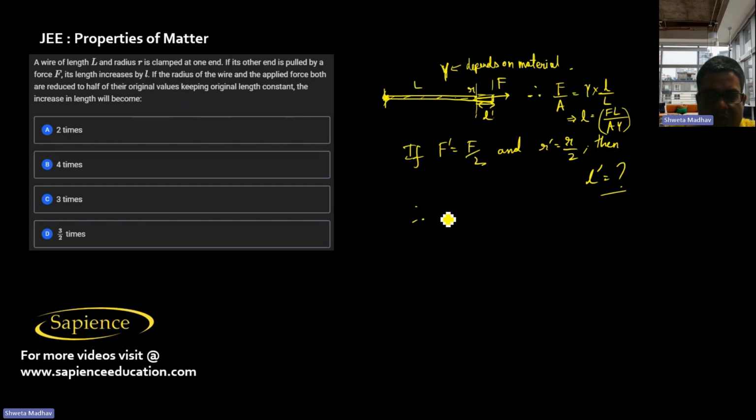Now, l dash, the new value of extension, where A is the area of cross section, which is pi r square.